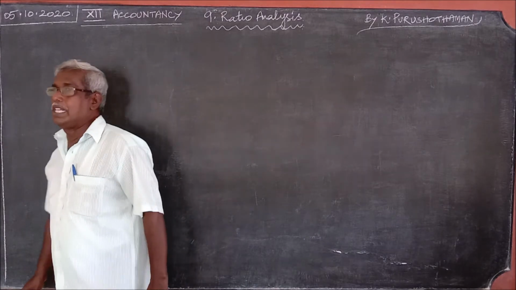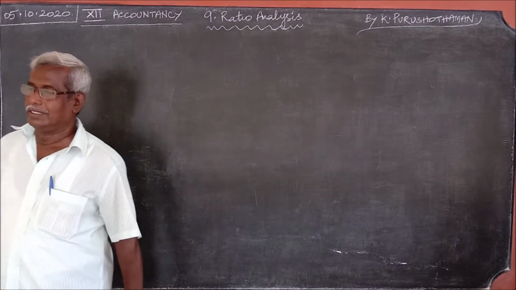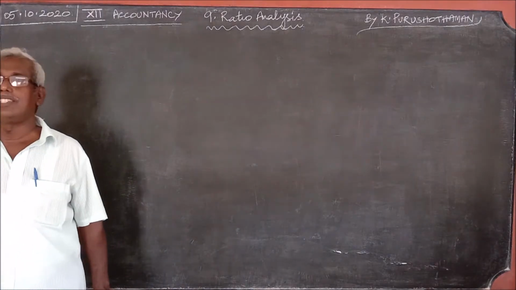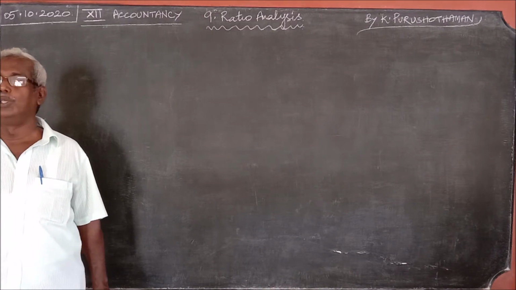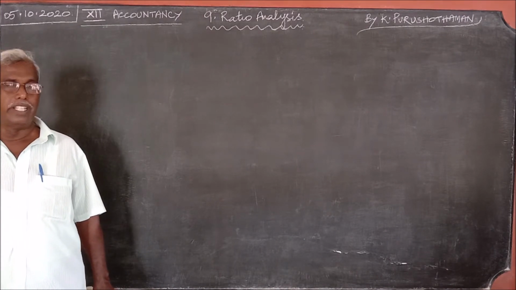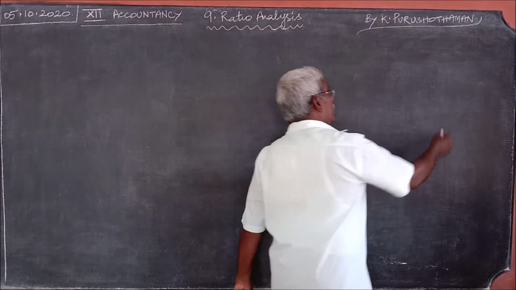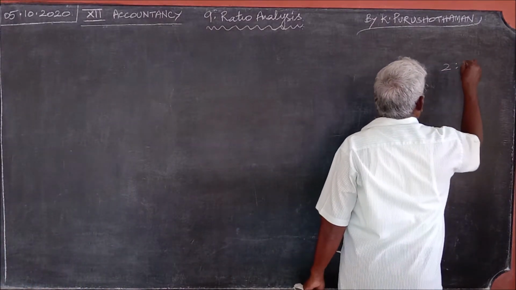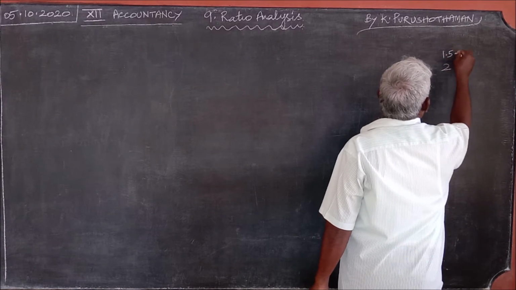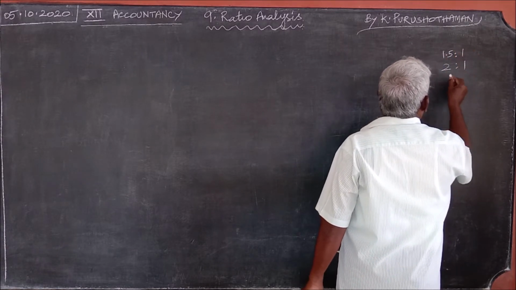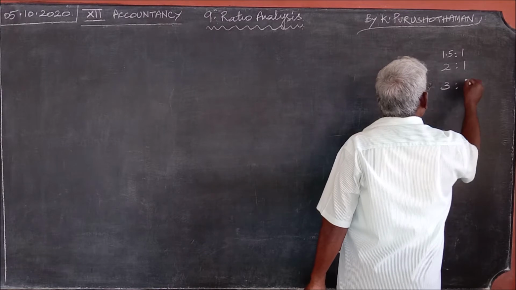If the statements are given or analyzed in terms of ratio, it is called ratio analysis. What is that ratio? It may be 2:1, it may be 1.5:1, it may be 3:1.